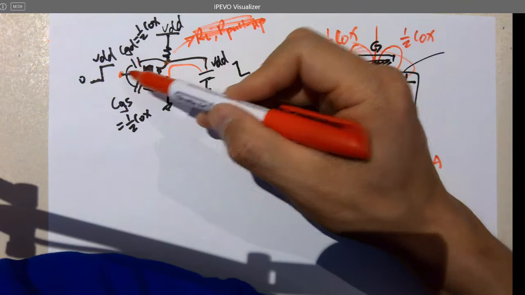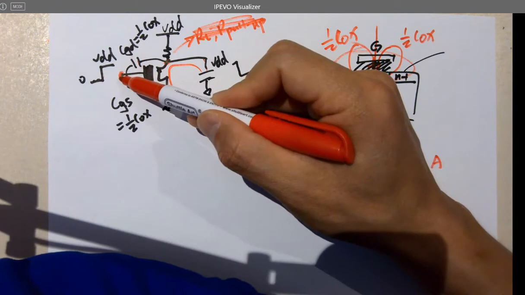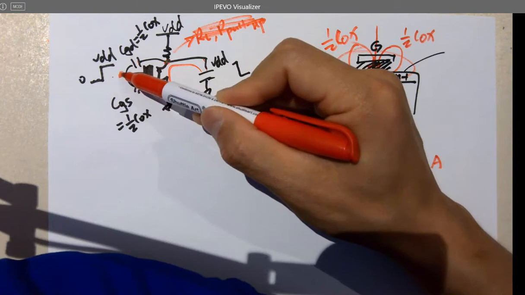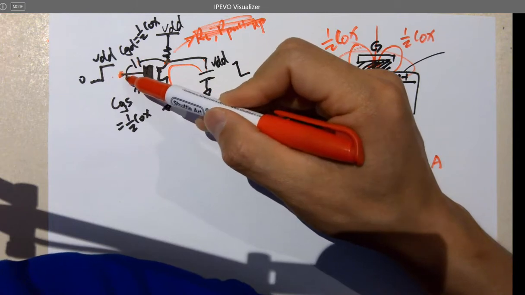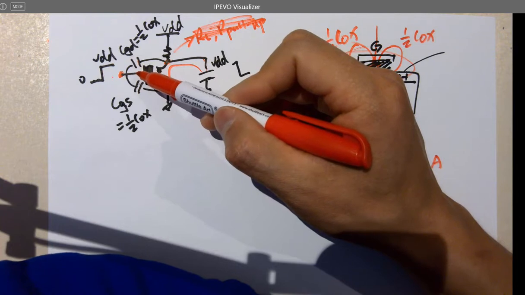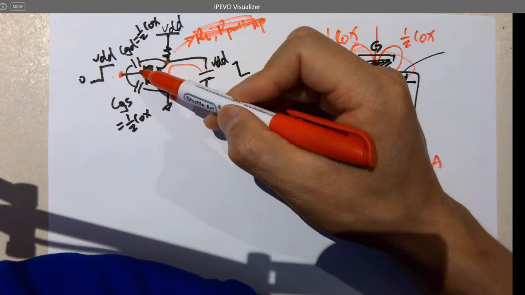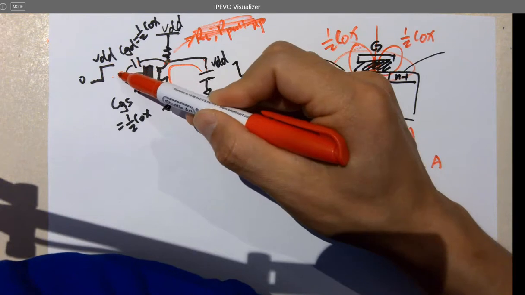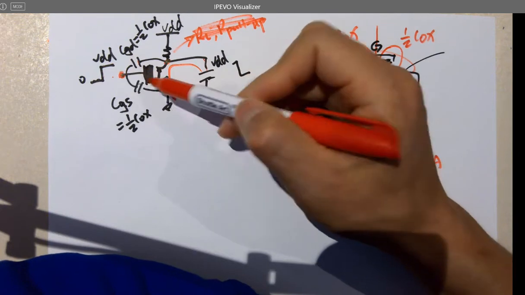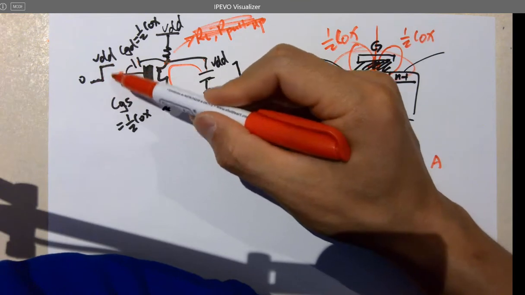But effectively, it's not one Cox in terms of input. It actually has a bigger capacitive load compared to the physical load. And what is that load applied to this point? You have to consider that because you are driving this point.